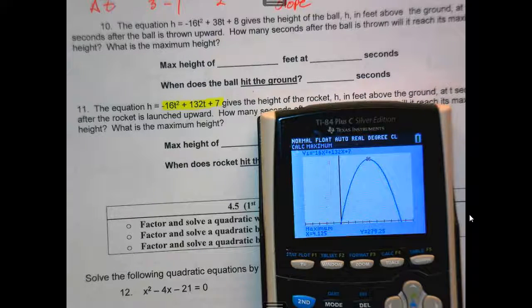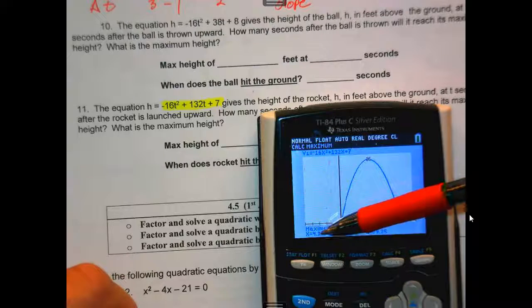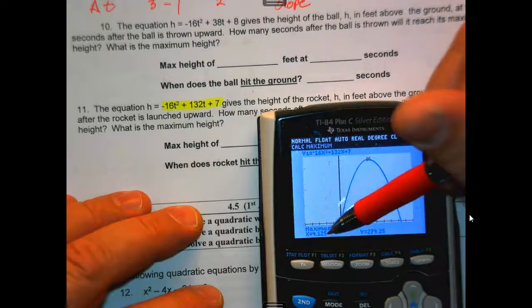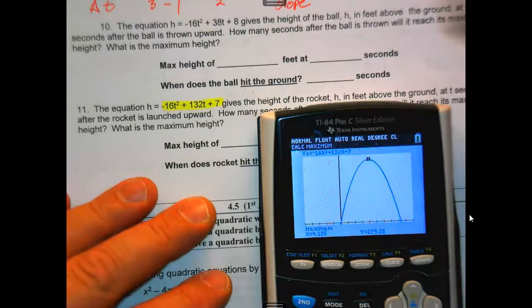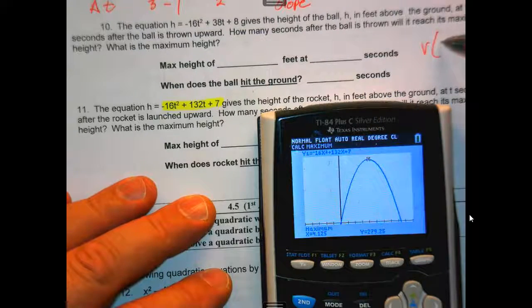Okay, so it's giving me my vertex because I already did the left bound, right bound thing, right? So my vertex is 4.125. That's my time. That's my x value, right? My vertex is 4.125, comma, 279.25.